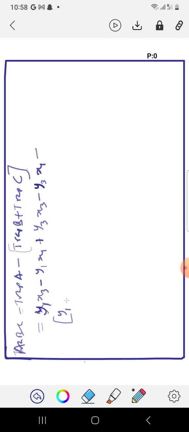I'm going to say y1 x2 minus y1 x1 plus y2 x3. Don't get discouraged. This thing is actually really simple. What did I just do? That's y1 x1, y2 x2, not x3, y2 x3 minus y2 x1.